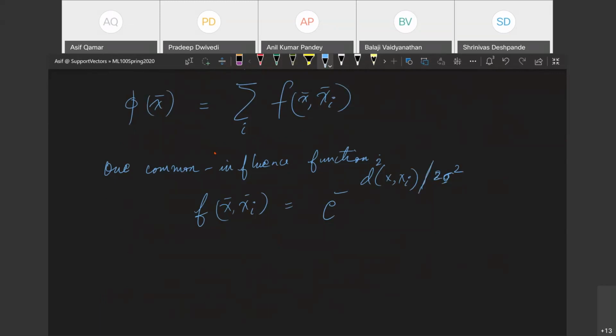Now, what is the nature of this function? It decays with distance. Are we together? So far off points don't contribute much influence. Nearby points contribute a lot of influence. So does this look familiar, guys? We have done the bell curve so many times that this should look very familiar now.